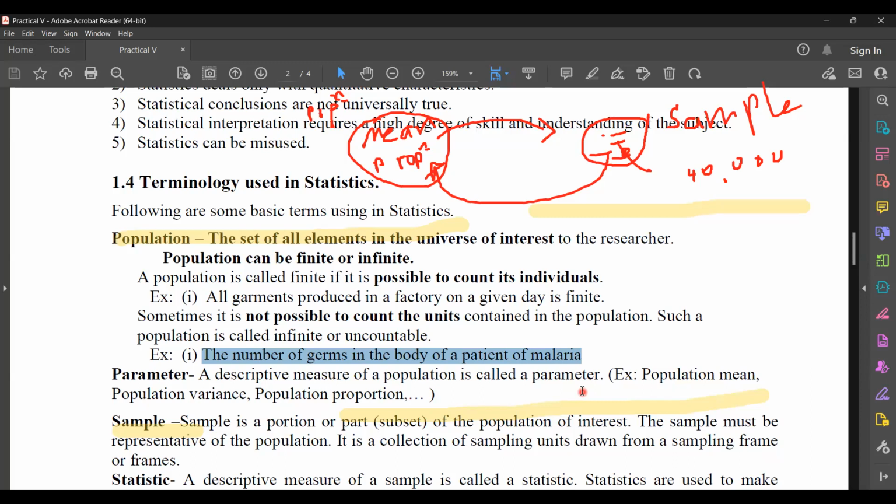It is not possible to count how many germs are in the body of a malaria patient. But if we are doing a medical test regarding this malaria patient, we have to deal with the germs in the body. So the target population is the number of germs in the body, but it is not countable, right? Those kinds of populations are called an infinite population.